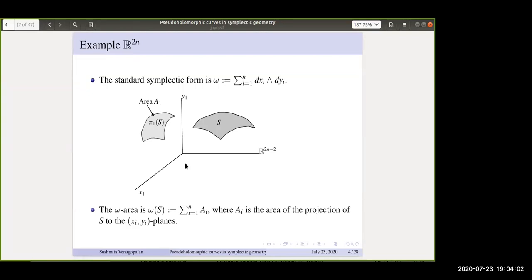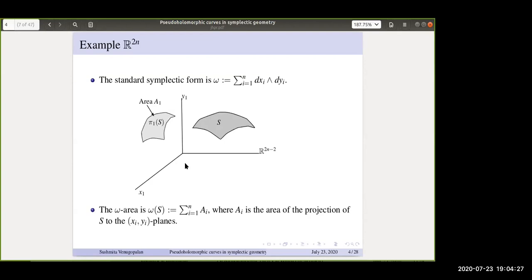And if you want to understand how the symplectic form computes the omega area, what it does is, if you have a two-dimensional surface sitting in R^2n, you consider its projections to each of the n two-planes. That means the x_1, y_1 plane, the x_2, y_2 plane, and so on.